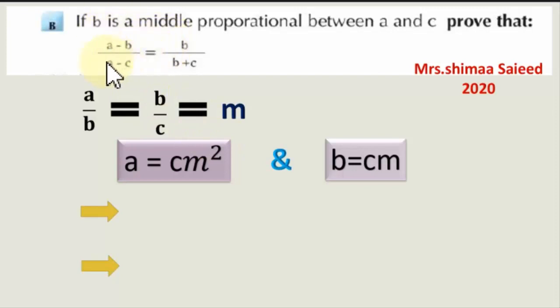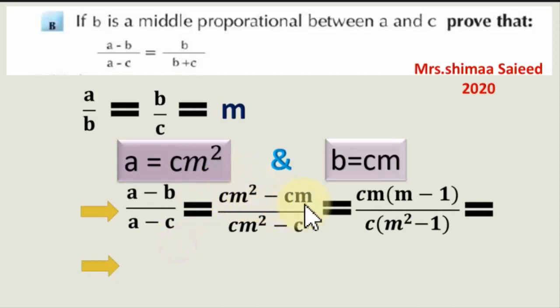(A minus B) over (A minus C) equals (Cm squared minus Cm) over (Cm squared minus C). We can take Cm as a common factor in the numerator, so Cm times (m minus 1), and we can take C as a common factor in the denominator, so C times (m squared minus 1).